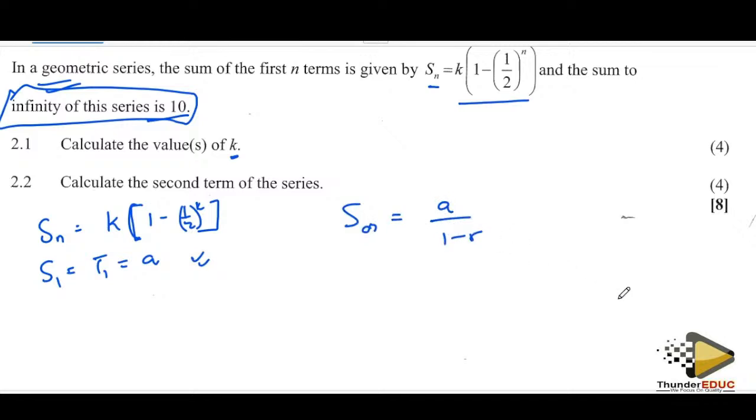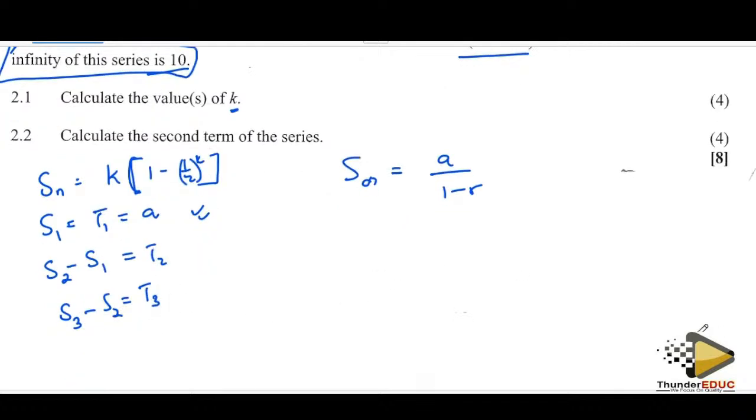But I'm going to need S2 minus S1 must give me T2. And I also know if I get S3 minus S2, I will get my T3. I can start by finding S1 and S2.